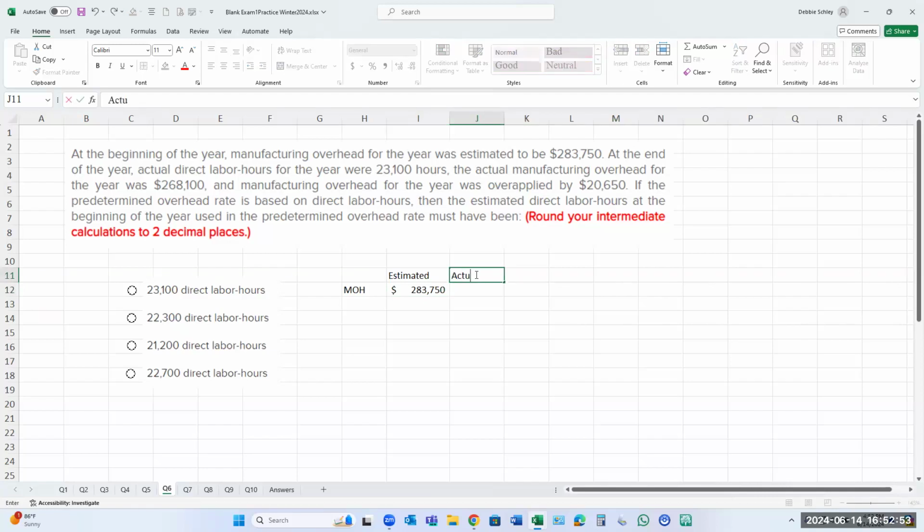Actual, let's see, at the end of the year, actual direct labor hours was 23,100.